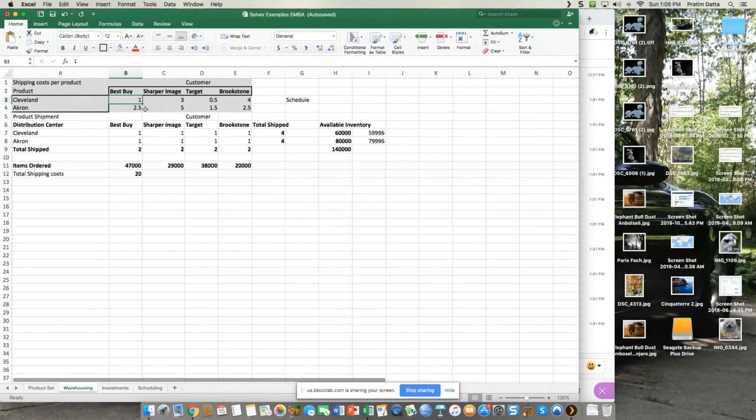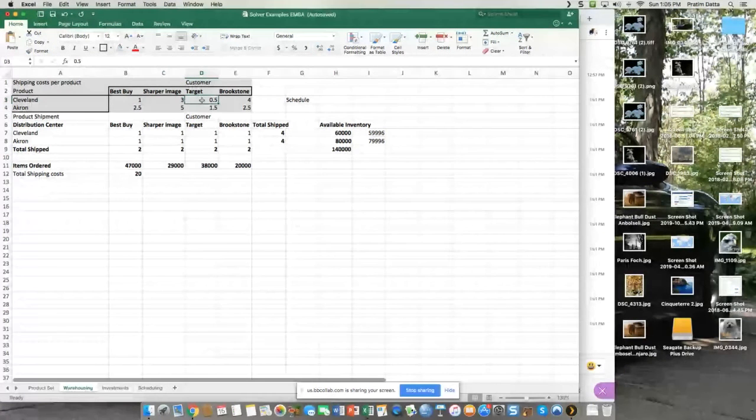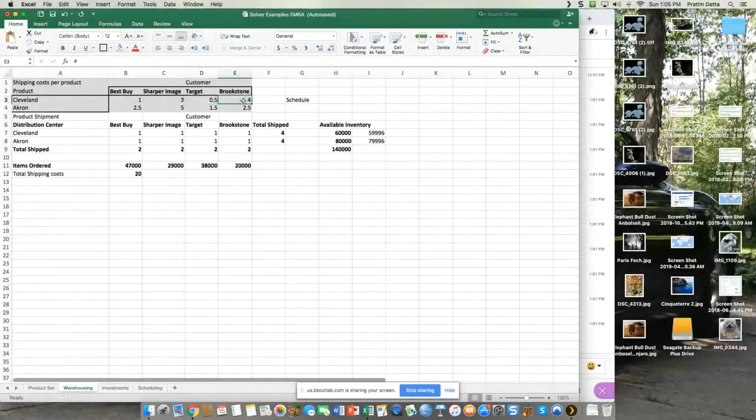They know that this is the average cost of shipping an average product from the Cleveland warehouse to Best Buy, $1, $3 from the Cleveland warehouse to Sharper Image, 50 cents from the Cleveland warehouse to Target, $4 from the Cleveland warehouse to Brookstone. On the other hand, from the Akron warehouse, it's $2.50 to ship to Best Buy, $3 to ship to Sharper Image, $1.50 to ship from the Akron warehouse to Target, and $2.50 to ship from the Akron warehouse to Brookstone.